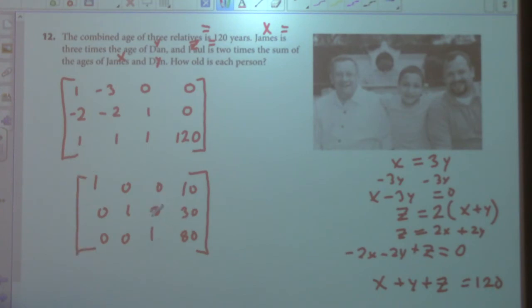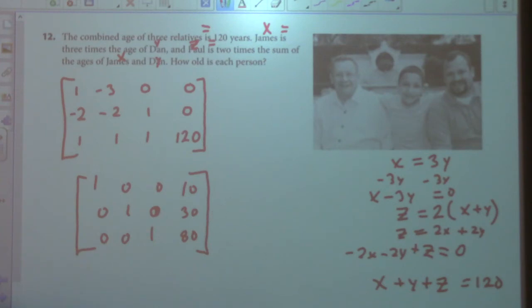And so the first one we have is James. James is 3 times the age of Dan, but x is 30 is equal to x.